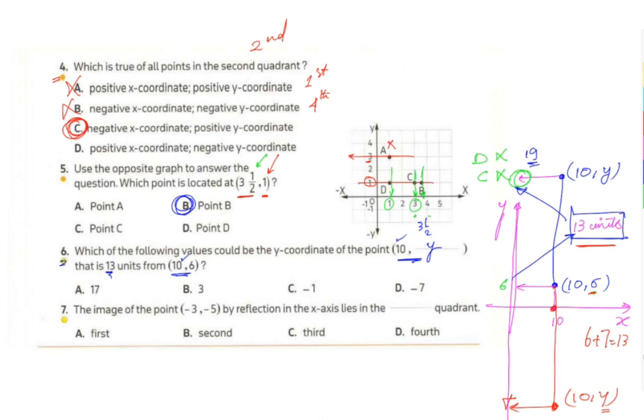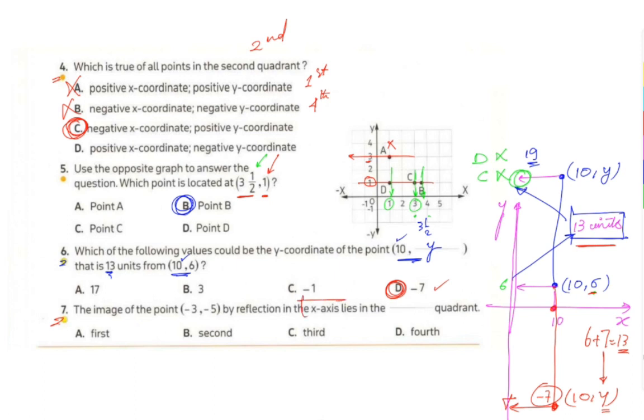But 7 here is y in the negative direction. The absolute value of 6 plus the absolute value of 7 equals 13, but the coordinate is negative because it's downward from the origin. So the coordinate of y is negative 7. That's the right choice.